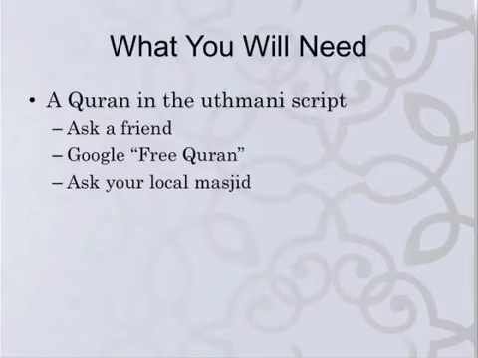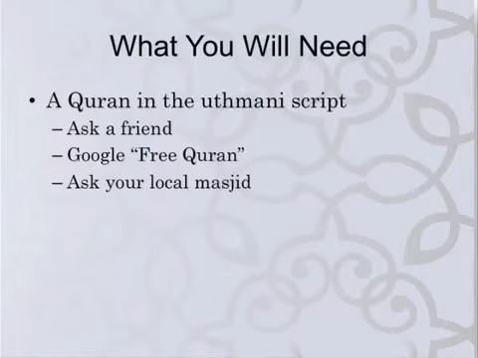And also, you have to understand that a lot of these people, they will send you copies of the translations. They won't send you the original Arabic, because mostly what the free Quran online is for, free Qurans that they send to your home, is for da'wah, or for inviting people to Islam.